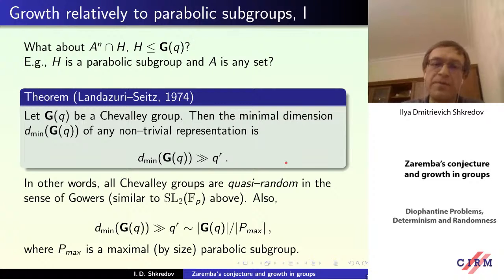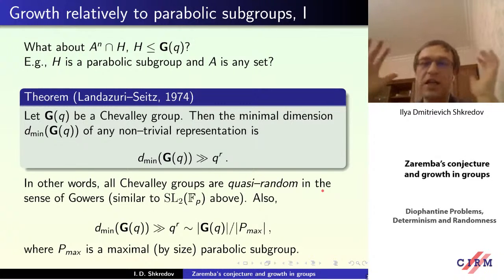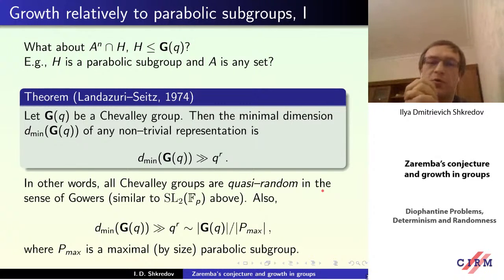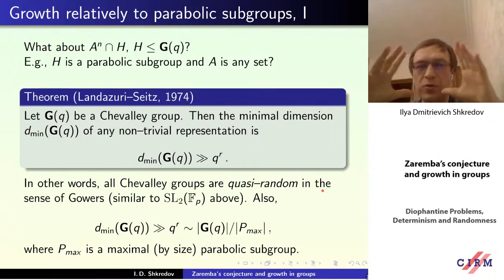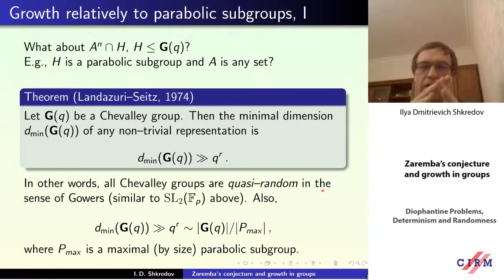If I consider the maximal by size parabolic subgroup, then q to the R is just the index of this subgroup, and it means in particular that this bound is optimal. It says also that there is a gap between sizes of subgroups in Chevalley groups: there is the whole group G(q), and after that the maximal by size parabolic subgroup, and after that smaller subgroups.